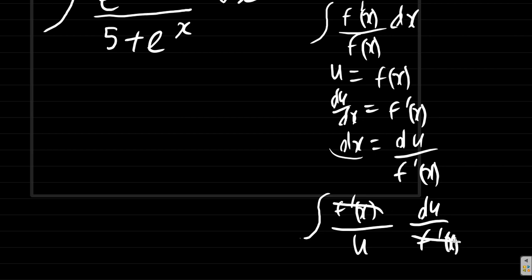Then f prime x would cancel f prime x, so you would have the integral of 1 over u du. In this case, it would be ln u plus c, but here you rewrite u, the function of u, as a function of x.